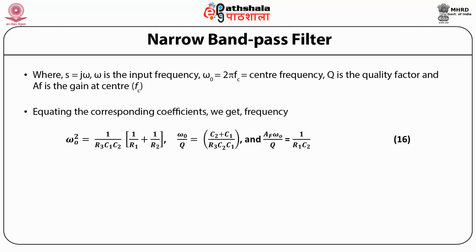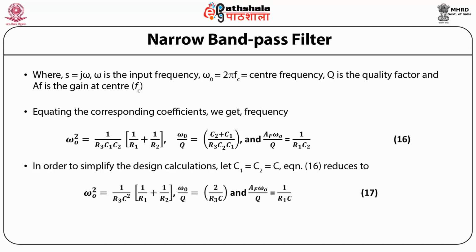The ratio of omega naught to Q is equal to (C2 plus C1) divided by R3 into C2C1, and AF into omega naught divided by Q is equal to 1 by R1 into C2.